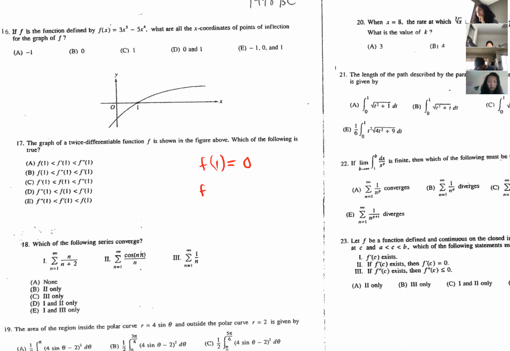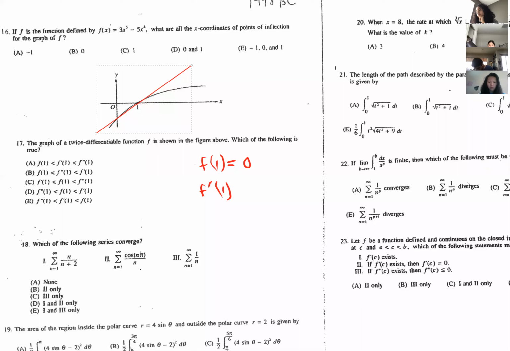F prime of 1: that's supposed to be a tangent line at 1.